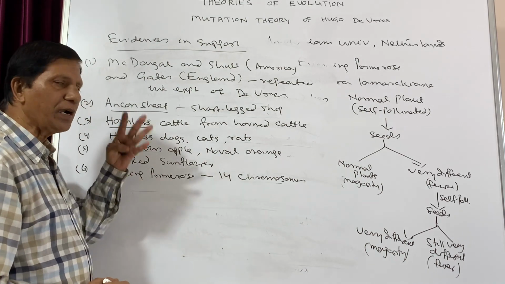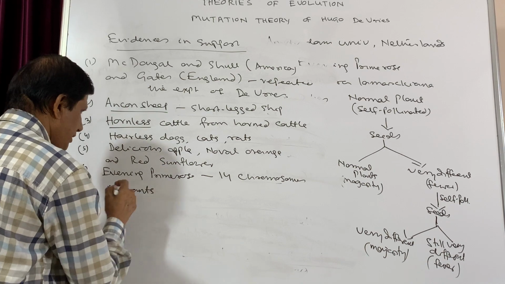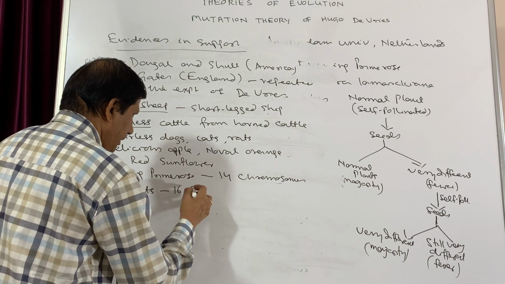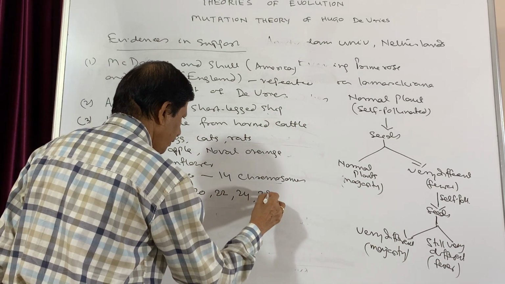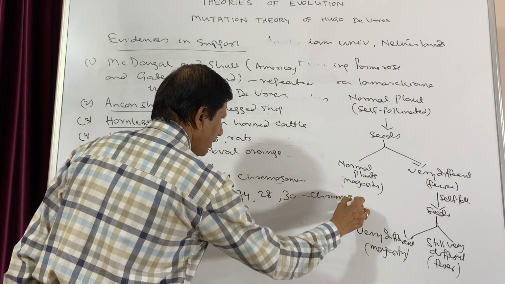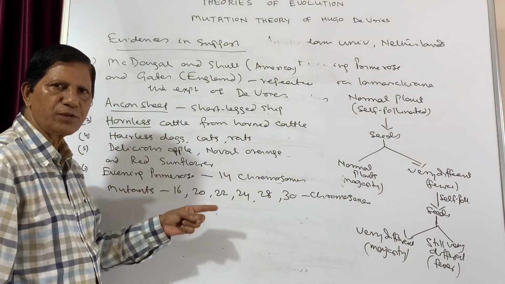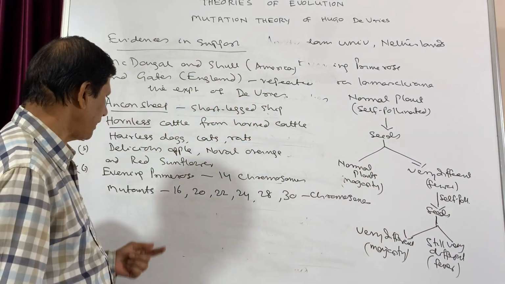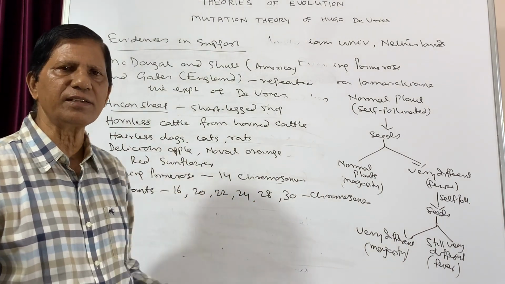But the mutants usually have 16, then 20, 22, 24, 28 and 30 chromosomes. That means in the original evening primrose there are only 14 chromosomes. But when we get different types of mutants, some mutant has 16 chromosomes, some has 20, some has 22, some 24, 28, 30 like this.